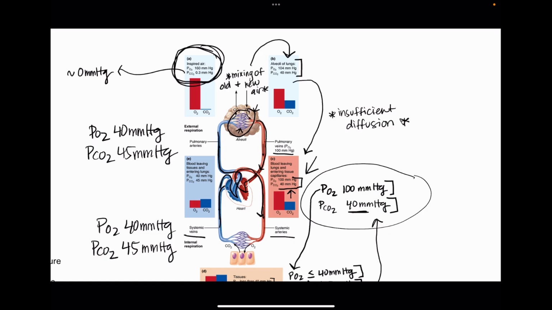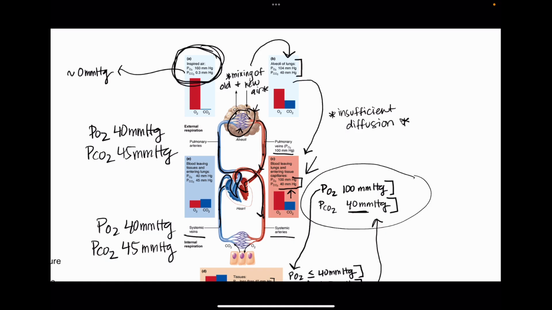Any questions? Yes. Is there any explanation for why the difference between the CO2 in the vessel going to the tissues is not that much different from the pressure in the tissue? I think it's more because oxygen takes up much more space than the CO2 does.